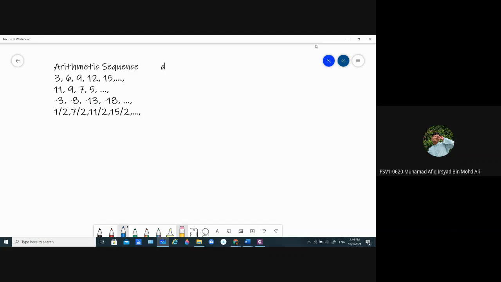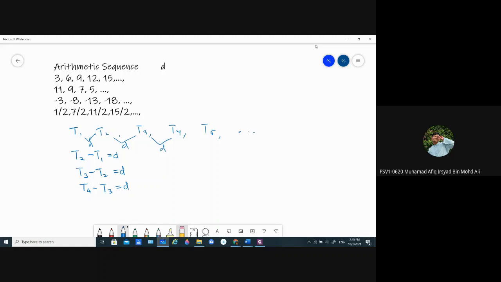Say if you have T1, T2, T3, T4, T5, and so on, the terms have a common difference, which means T2 minus T1 is equal to D, T3 minus T2 is equal to D, T4 minus T3 is equal to D. The difference here is D, the difference here is D, the difference here is D.